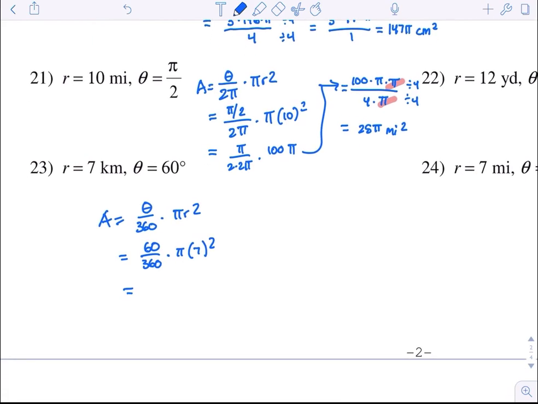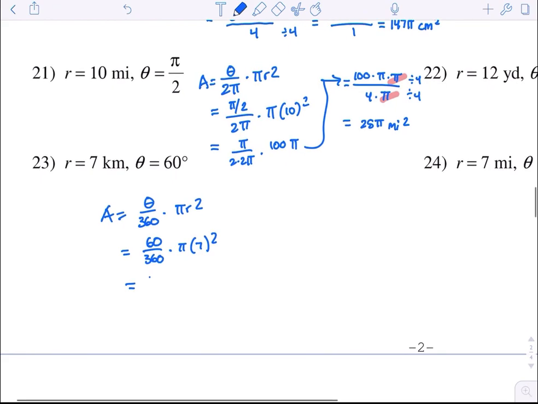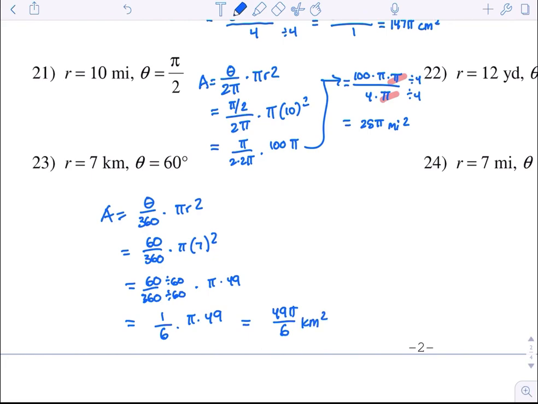So top and bottom, 60 over 360, you guys, you can divide 60 into top and bottom times pi times 49. You get 1 over 6 times pi times 49. And that's going to be 49 pi all over 6 kilometers squared.